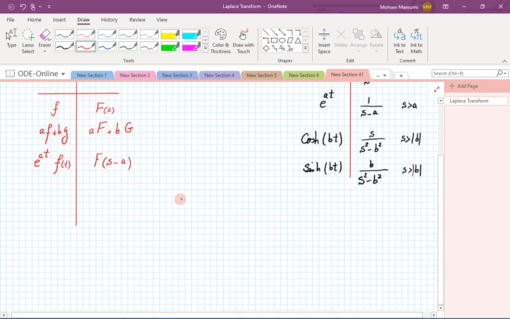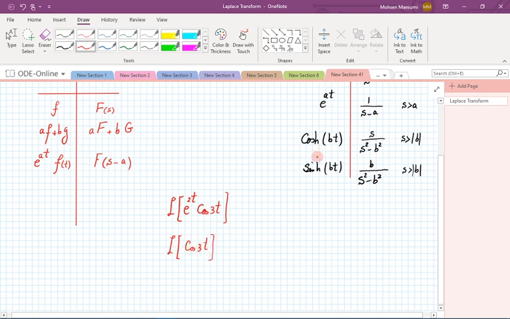So what does that mean? Suppose I want to calculate the Laplace transform of e to the 2t times cosine of, say, 3t. The kind of expression we have come across quite often, because these are all pet functions. So how do we go about doing this? First, we remind ourselves what the Laplace transform of cosine of 3t was.